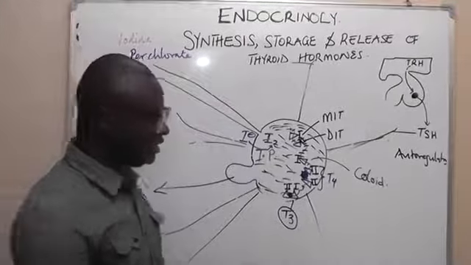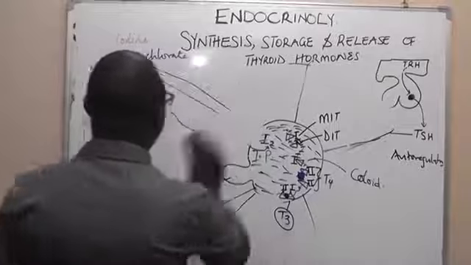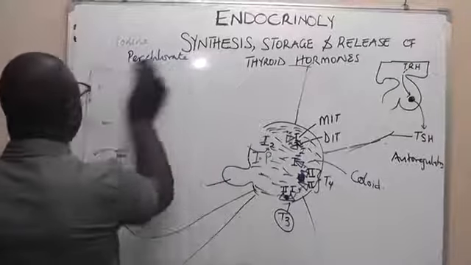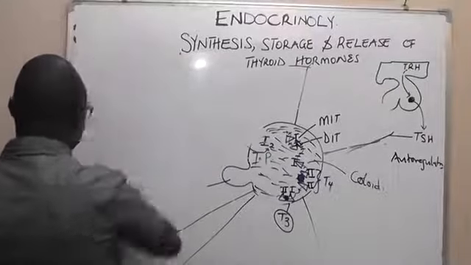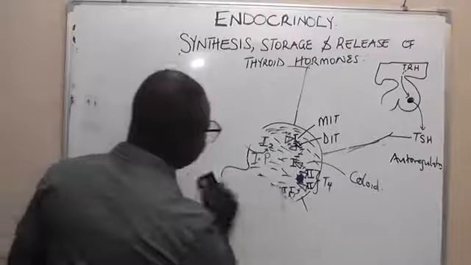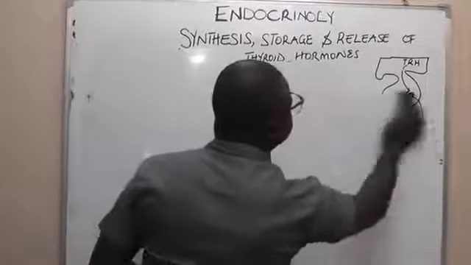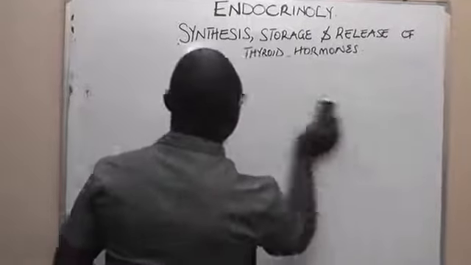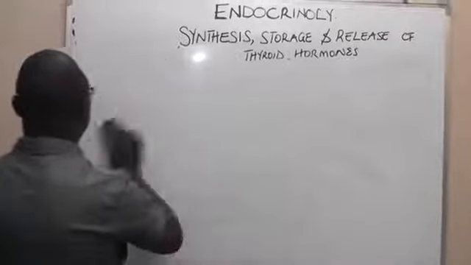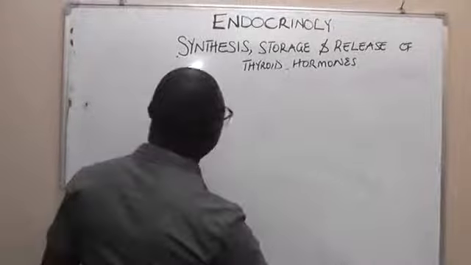Now, in my next lesson, I will be talking about the function of this T3 and T4 to end this lesson. So what is actually the function of T3 and T4? We have seen how they are produced, we have seen how they are stored, and how they are released.